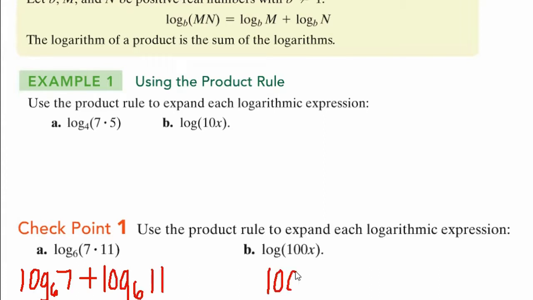I have log of 100 plus log of x. Now 100's not 10, but 100 is 10 squared. Since it's 10 squared, log and 10 are inverses, they cancel each other. So I end up with 2 plus log x.